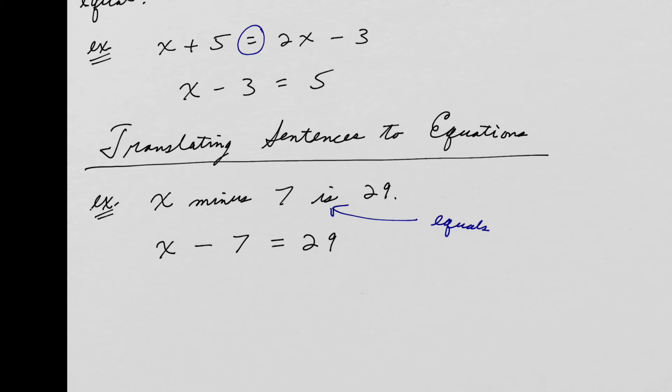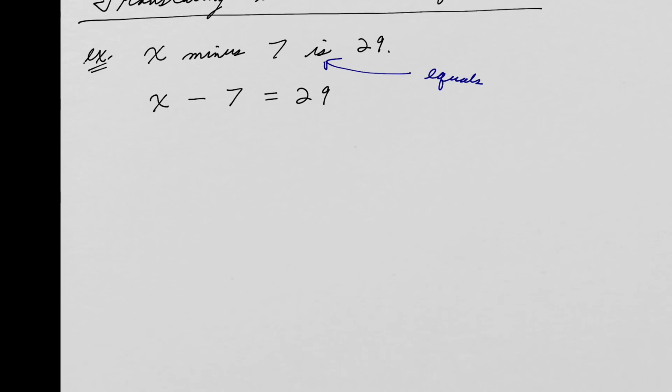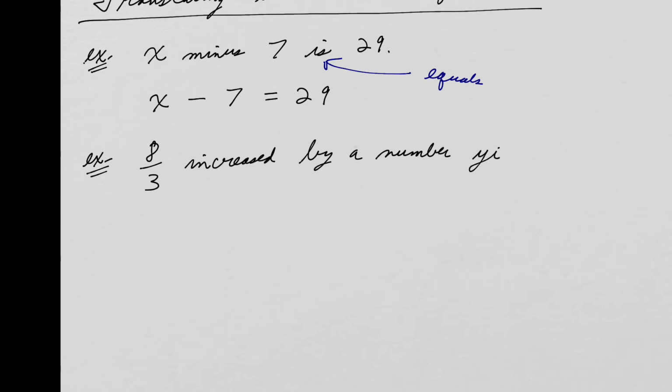Let's do a few more of these. Let's say I want to translate this sentence to an equation: 8/3 increased by a number yields 13/3. So notice here that our unknown is this number, right?